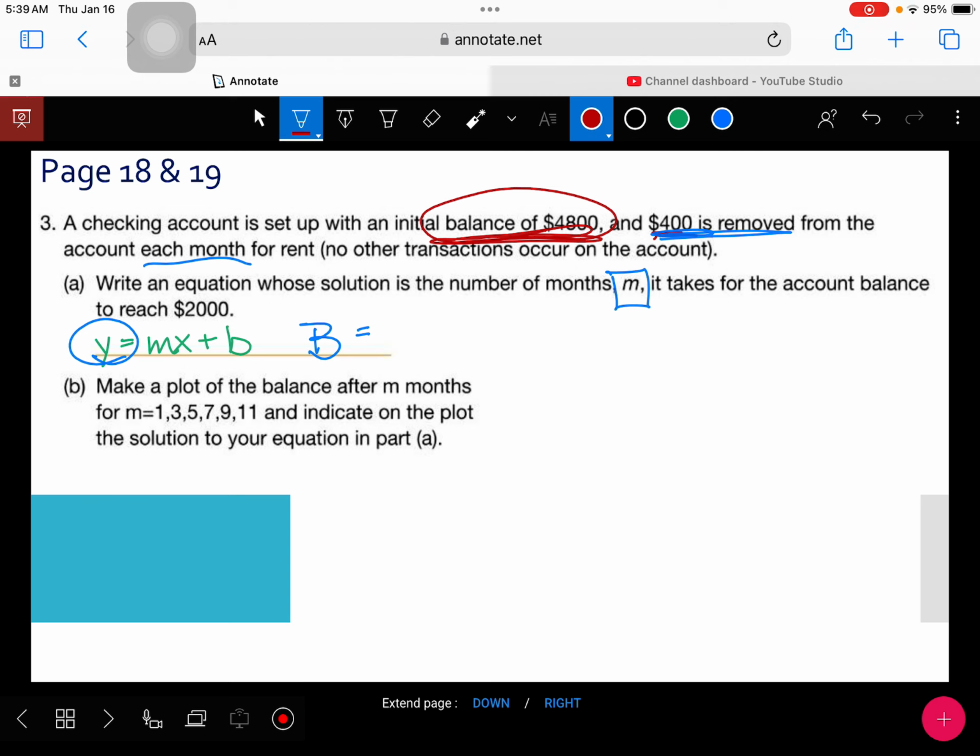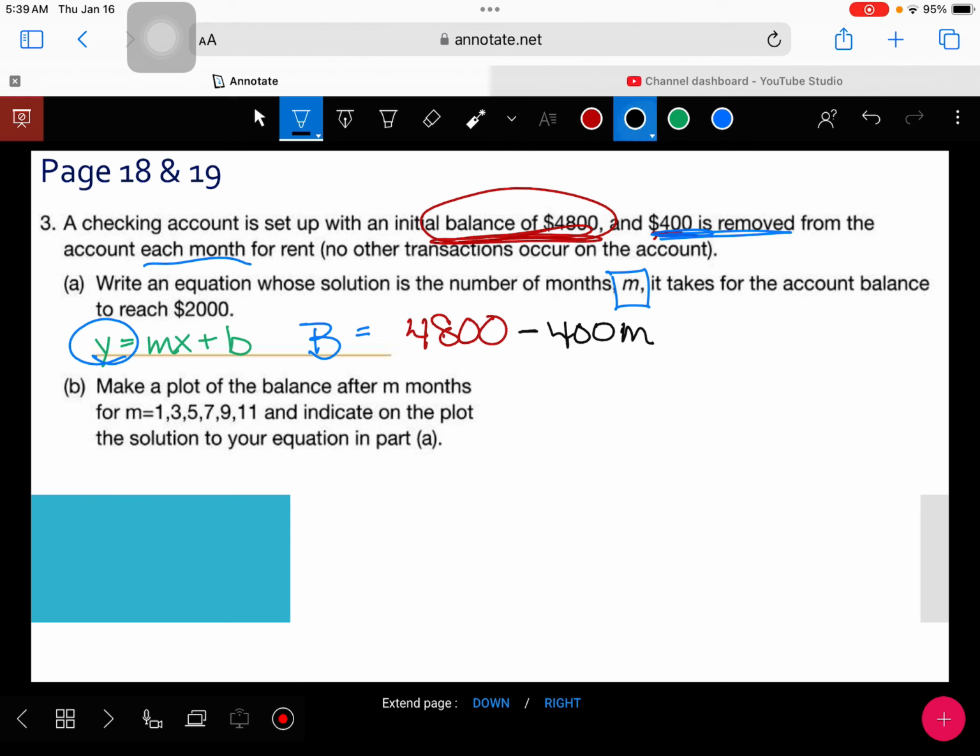So my balance in my account is going to be equal to that $4,800, and it says that 400 is removed each month. So that's going to be minus $400 times the number of months that have gone by, which is M. Okay?